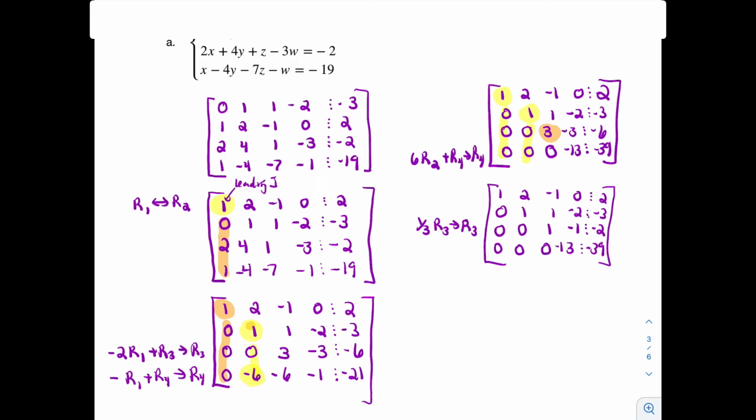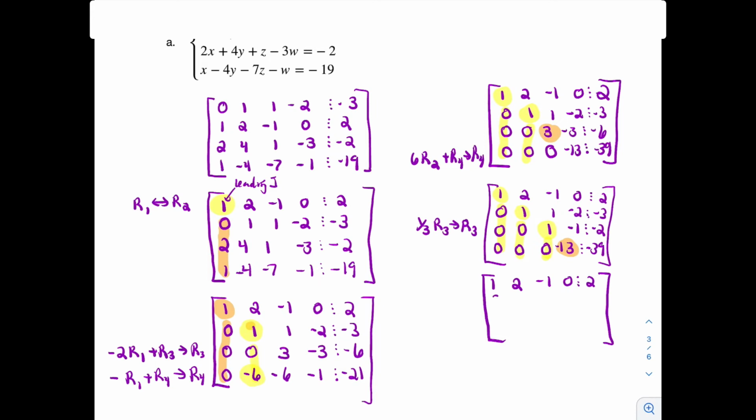I now have my first column fixed. I have my leading 1 with all zeros below it. My second column, I got my leading 1 with all zeros below it. And my third column, I got a leading 1 with all zeros below it. I'm almost into row echelon form. The only thing left is that last column needs to have a leading 1. So how can I get a leading 1 in this position of negative 13? Again, do our elementary row operation by multiplying by a constant.